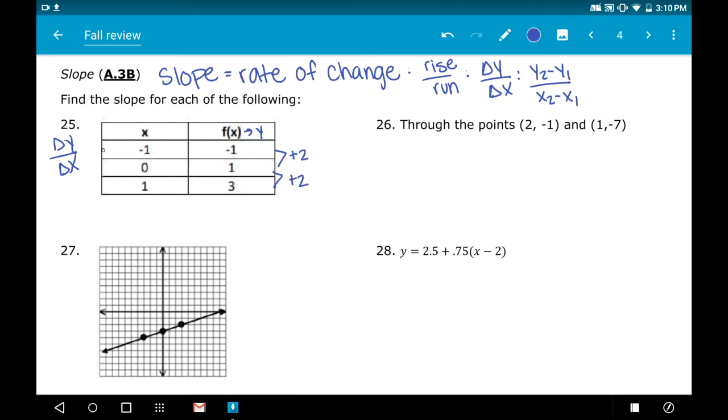Now our change in x from -1 to 0, +1. 0 to 1 is +1. So our change in y here is 2. So we have change in y over change in x. Change in y is 2. Change in x is 1, which means our slope here is 2.